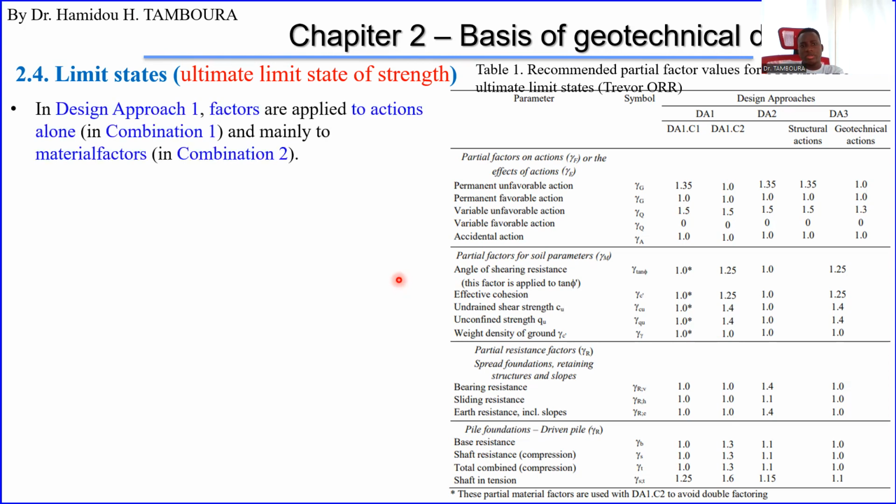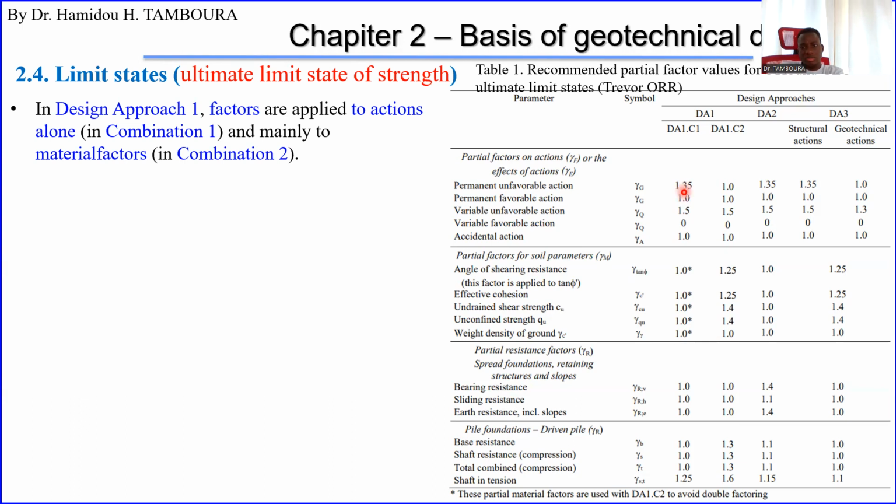Now, design approach 1, in this combination 1, factors are applied to action alone. You see, the factors are applied here to the action only.